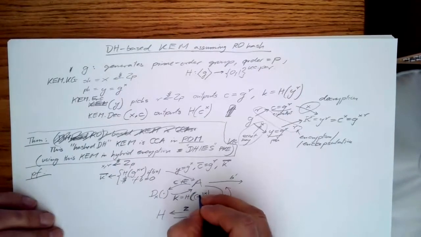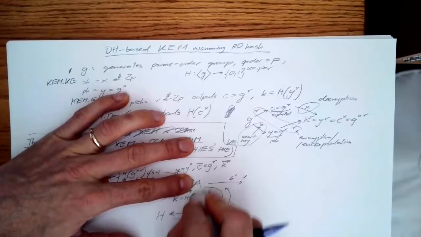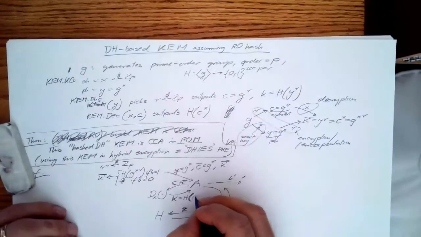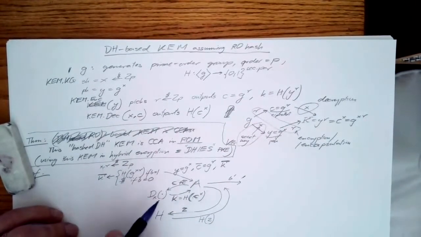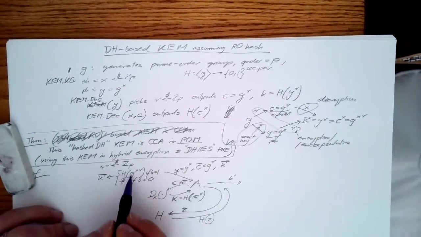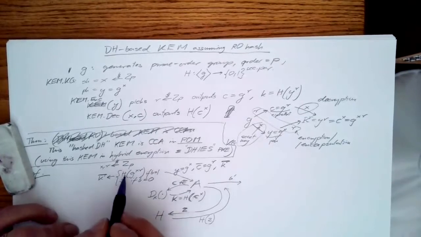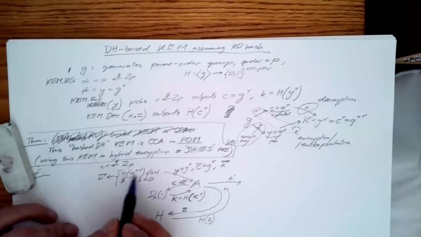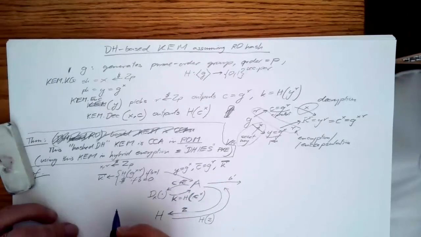So let's see what the challenge key string, which is either real or random, is. It is a hash of the Diffie-Hellman solution on these challenge points Y and C bar, right?